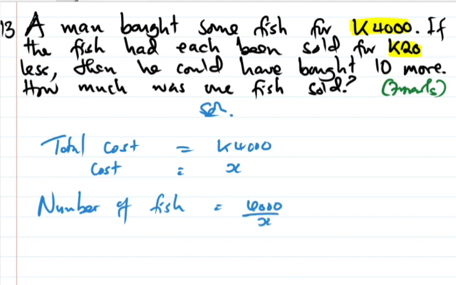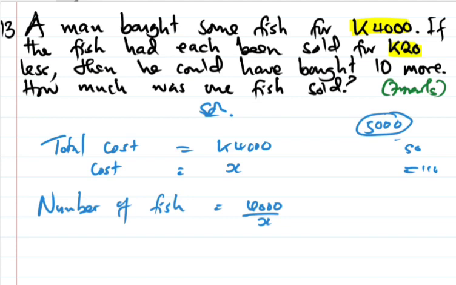Let's say, for example, you spend 5,000 and one sweet is sold at 50 kwacha, to find how many sweets you bought you just do 5,000 divided by 50, which is 100. So you bought 100 sweets. The same applies here. To find the number of fish, we divide total cost by cost of each fish.